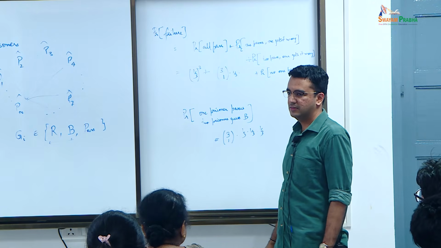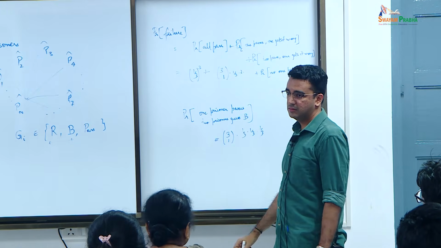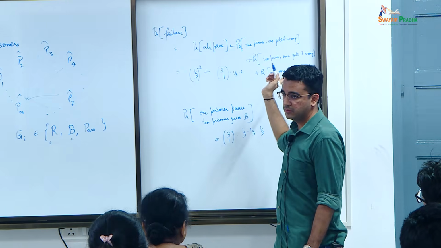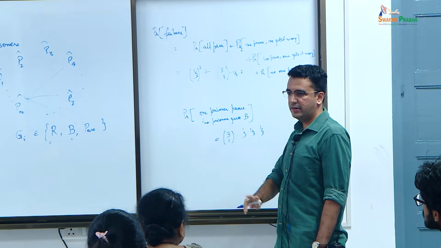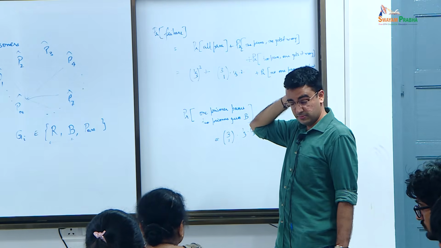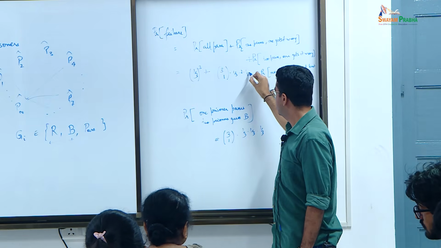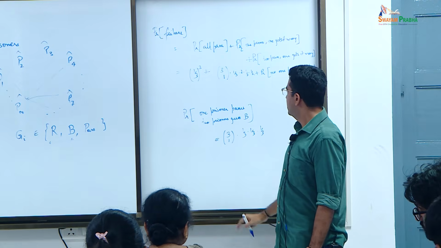Yes. And into 1 by 3. 1 by 3 into 1 by 3. The other two guys either get it right or get it wrong. So that is 1 by 2 into 1 by 2. So 2 into 1 by 2. So we have already multiplied by 2.